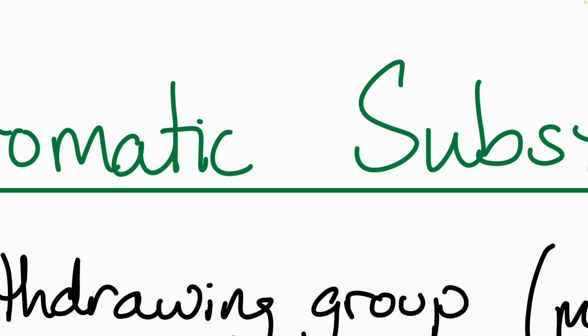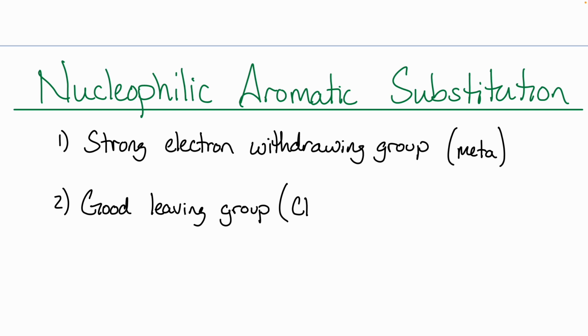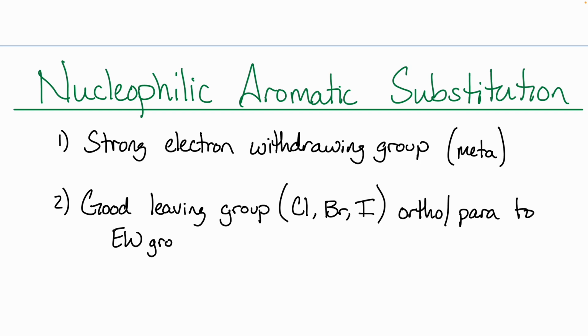All right, and then not only does it have to have that strong electron withdrawing group, it also has to have a good leaving group, aka one of our halogens, that is either ortho or para to that electron withdrawing group.